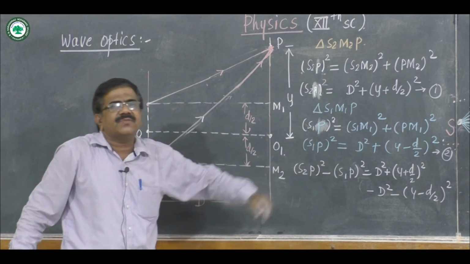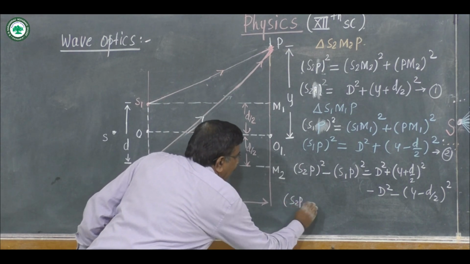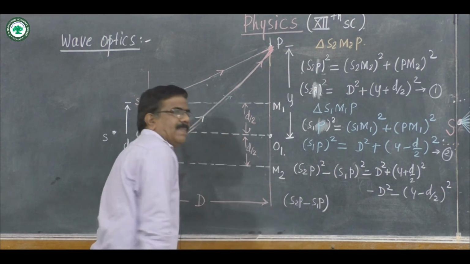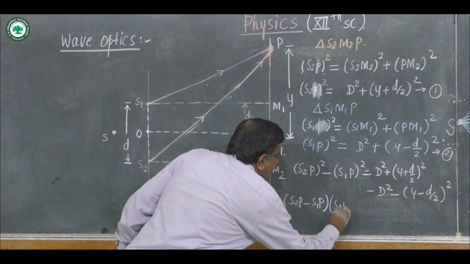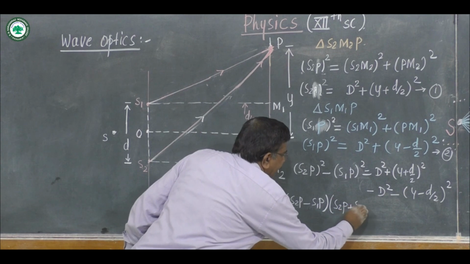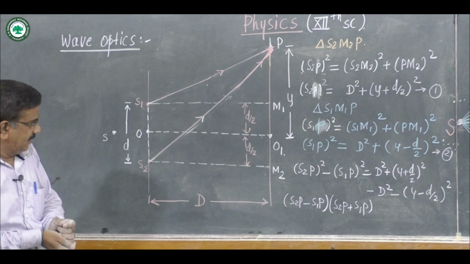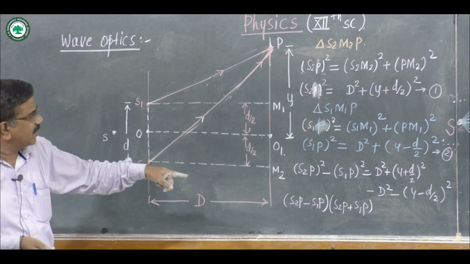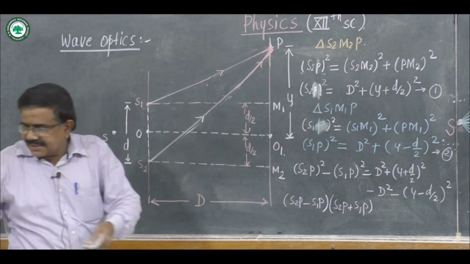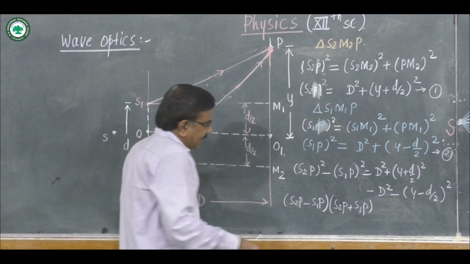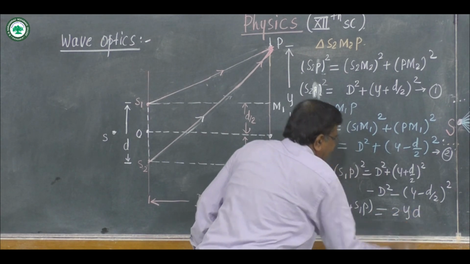But S2P square minus S1P square is, in the first bracket, S2P minus S1P, and in the second bracket, S2P plus S1P. By solving that mathematical part we get 2yd.